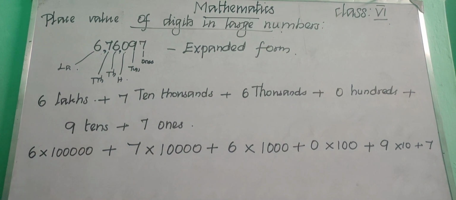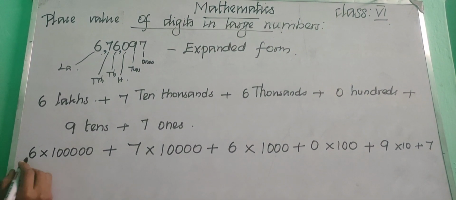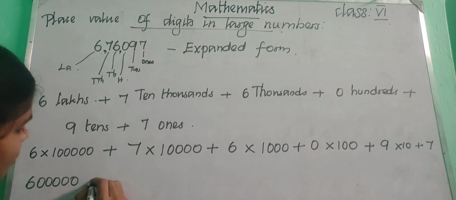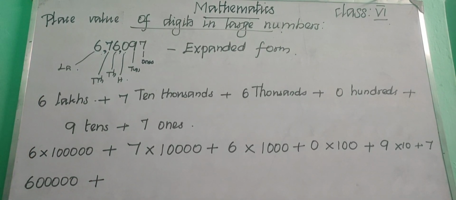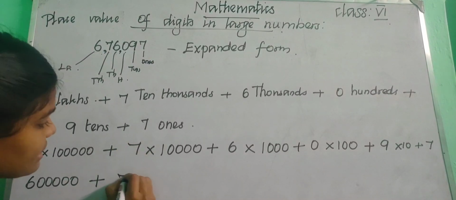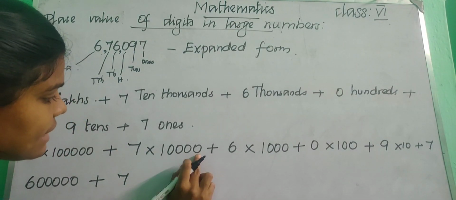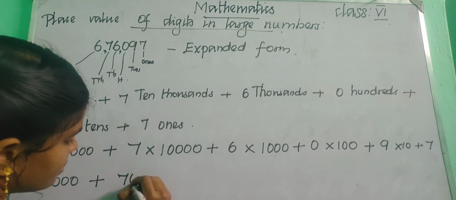And then what is the next step we can write? We can write very easily, right? So 6 into this one, so we will get 6 followed by 5 zeros, so 6 lakhs now. And then put plus, and after that we are having 7, so 70,000, 4 zeros.